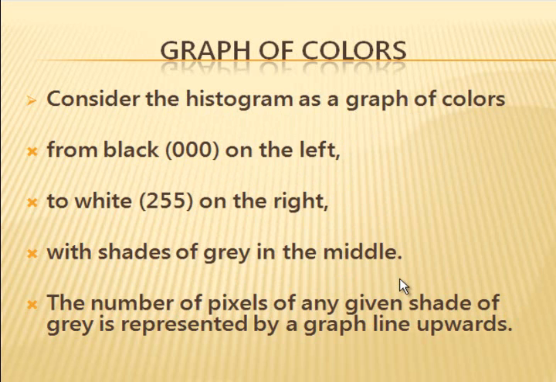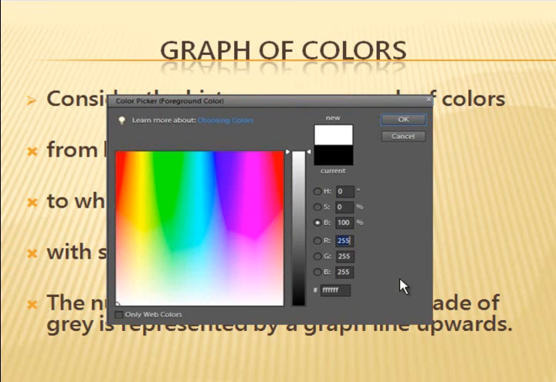Now white, 255, is going to be on the right, so you see I've changed the brightness to 100%, and you can see the RGB now is 255, and there it is on the other side. Learning about the numbers, the 255 and the 0 and such, also helps you translate from your camera and your photos into your program when we get to the program lessons a little bit later.